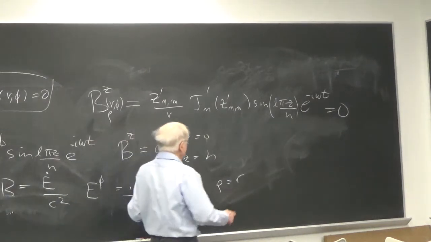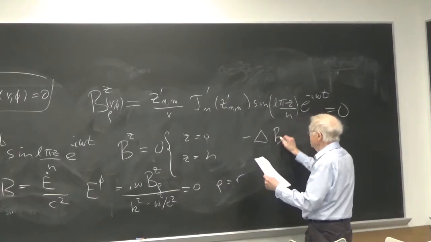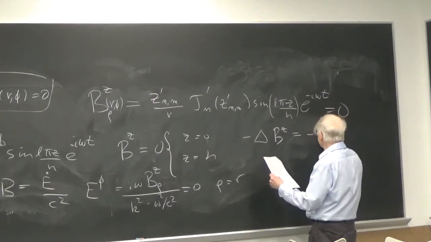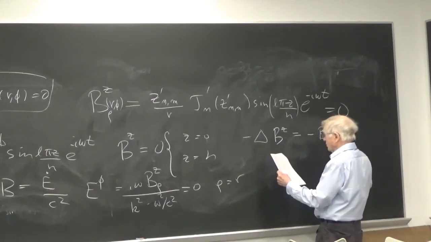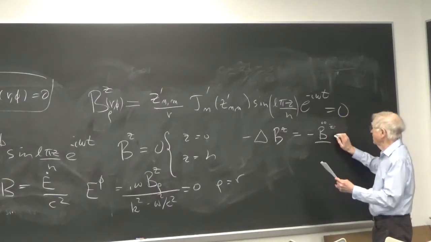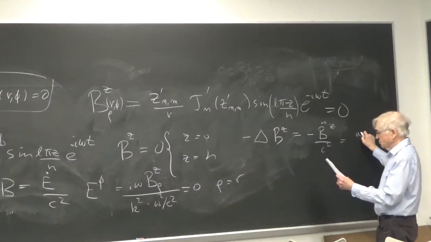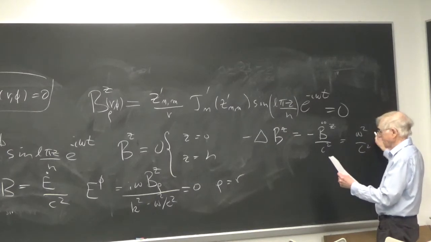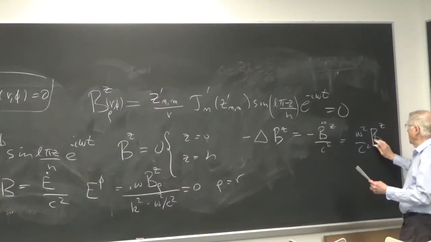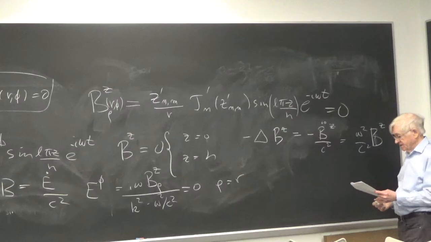In other words, what we want to show is that minus Laplacian on BZ is equal to minus the double derivative with respect to time, divided by C squared, and that's just omega squared over C squared, times the Z component of B.